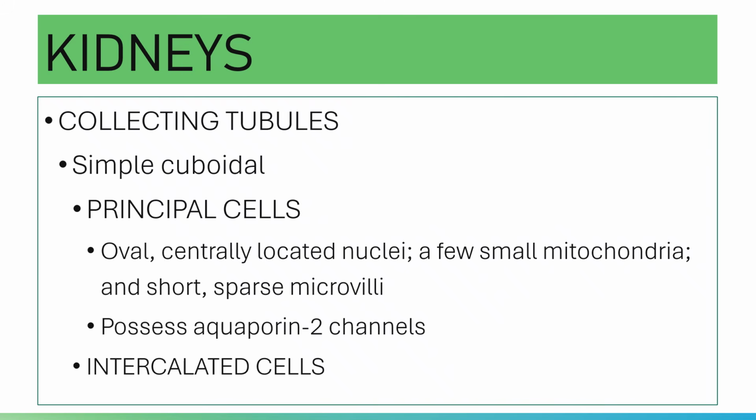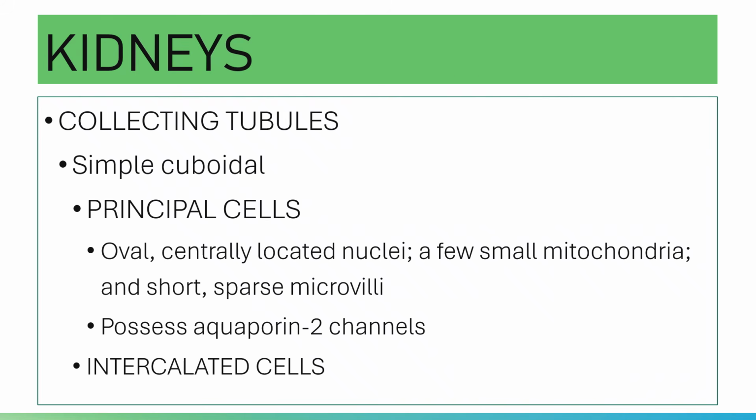Since they are sensitive to the action of ADH, they become completely permeable to water, thereby permitting these principal cells to reabsorb water from the ultrafiltrate, thereby concentrating the urine. Please note the site of final urine concentration is the collecting duct.